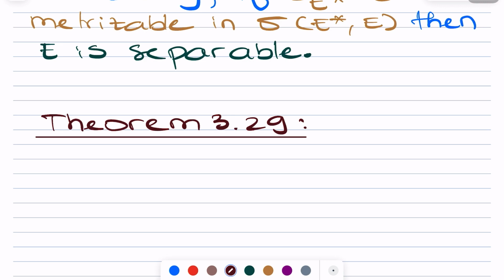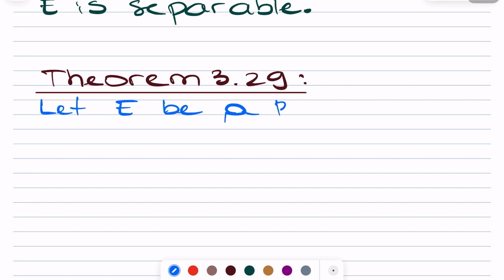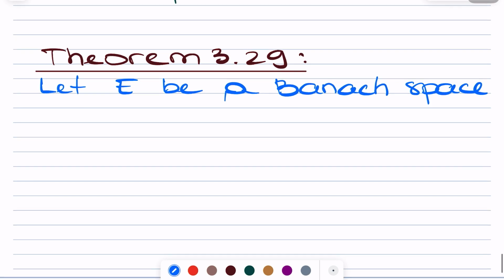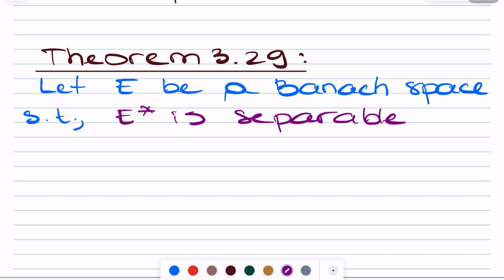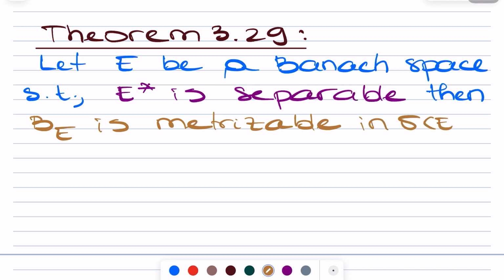Let E be a Banach space again, but this time not necessarily separable. Let E be a Banach space such that the dual space is separable. Then the closed unit ball in E is metrizable in the weak topology, sigma E E star.